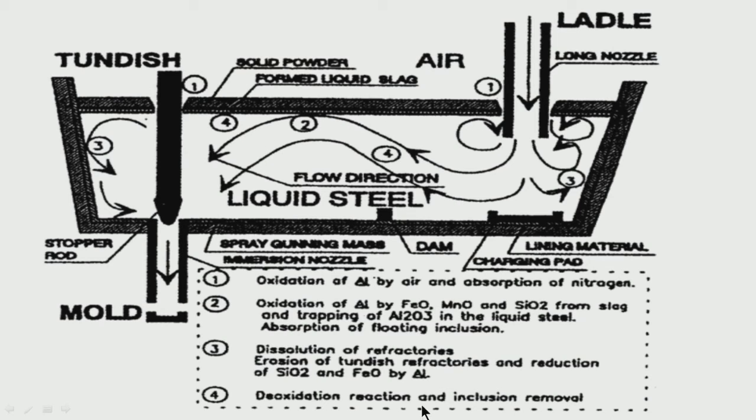So deoxidation reaction and inclusion removal, that means removal of deoxidant alumina, is possible in the tundish if you allow higher residence time, if you allow the liquid steel to remain in the tundish for some more time with the use of dam and weir. So the flow control devices are very important here. So these are the actions which are necessary in the tundish.